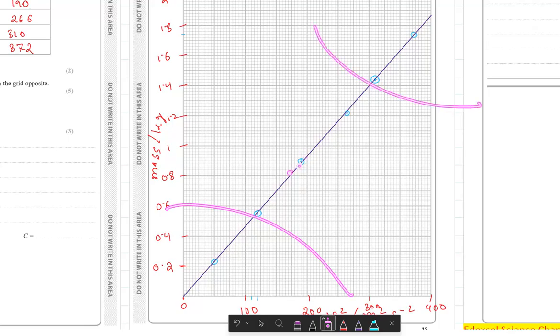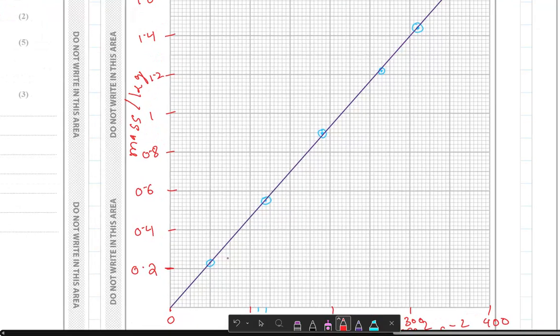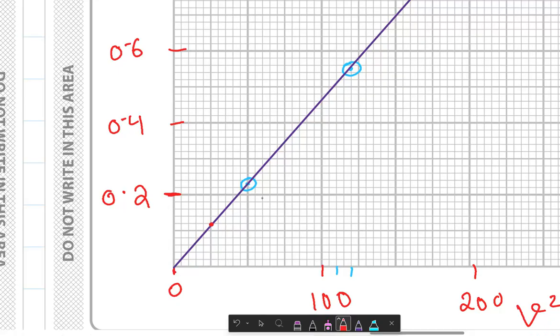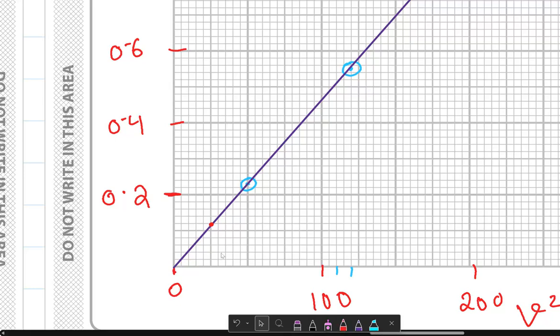Do not take side by side, okay? Try to take 2 points from far ends and always take points that cut cross and cross. For example, this is a very suitable point, okay? But do not take something like this one because it's not cutting cross, okay?